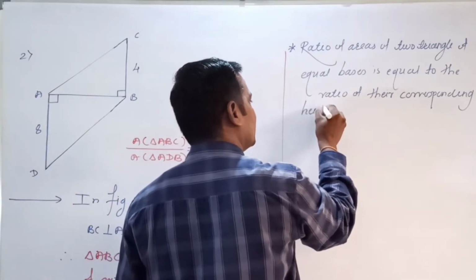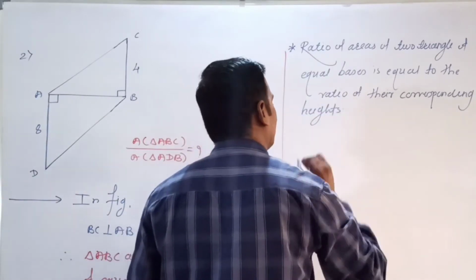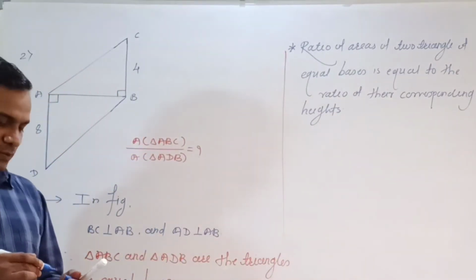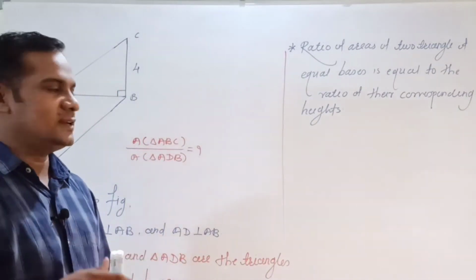Now this is a property. If the base is common, then we have to take the ratio of their corresponding heights.